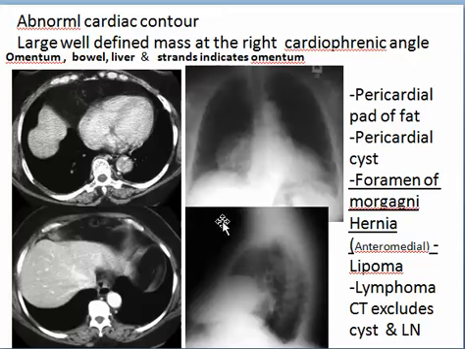And here it is a foramen of Morgagni hernia containing fat, and part of the liver.